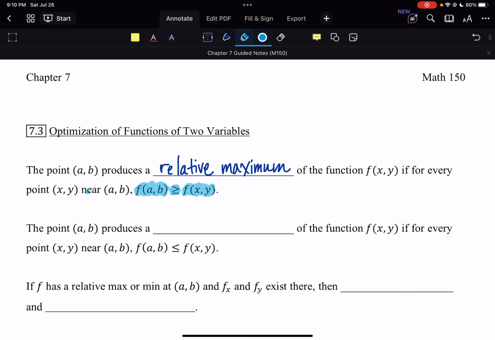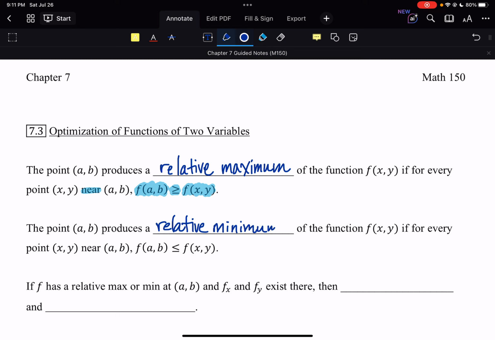And this is again for (x, y) values near (a, b). So a relative maximum is produced when the output, the height at (a, b), is greater than or equal to everything else around it.